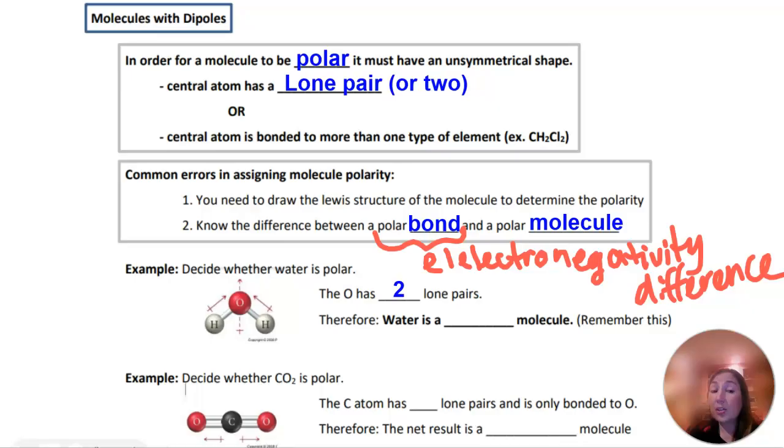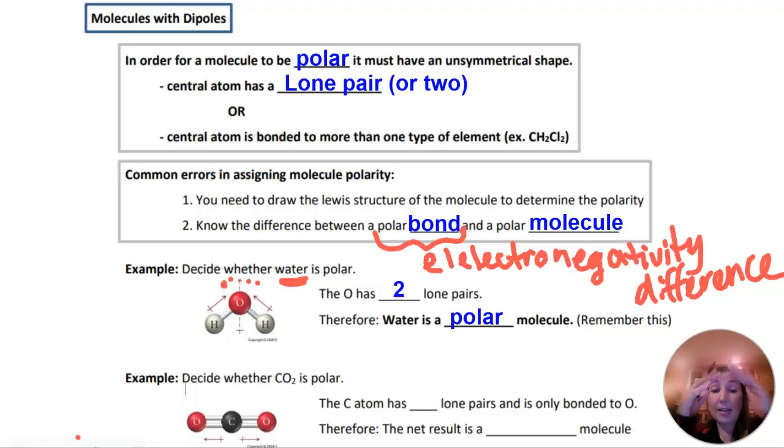So oxygen here in water, let's determine if water is polar. Oxygen will have two lone pairs. That will make water a polar molecule because those O to H bonds we know are polar, and they're not going to cancel out because of the bent shape.